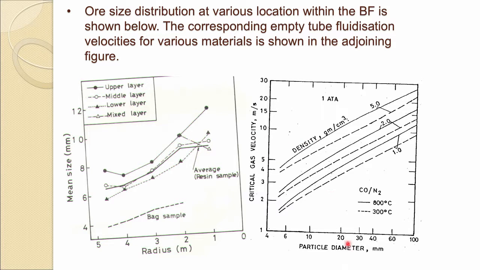Usually we saw about 20 millimeter particle diameter. To fluidize it you need about 10 meters per second. On the other hand, coke comes sort of in this range.